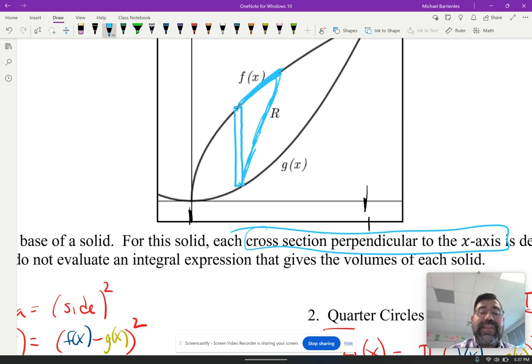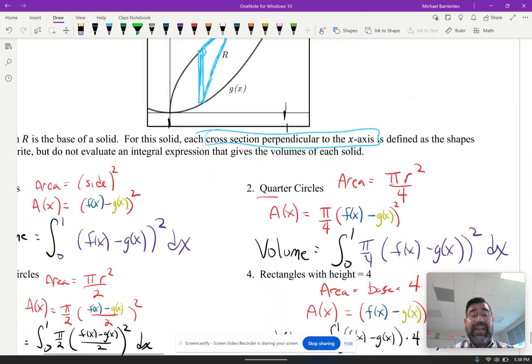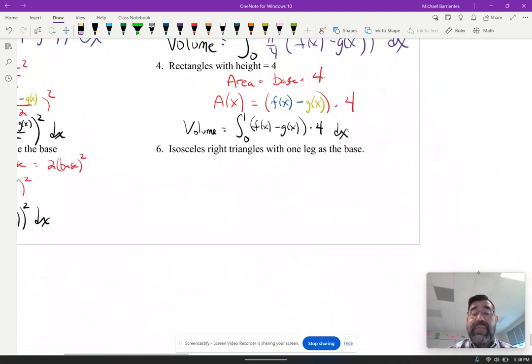This length and this length are the same. It's jetting out towards us, standing up. This is the representative rectangle that we just saw drawn in all of the figures.